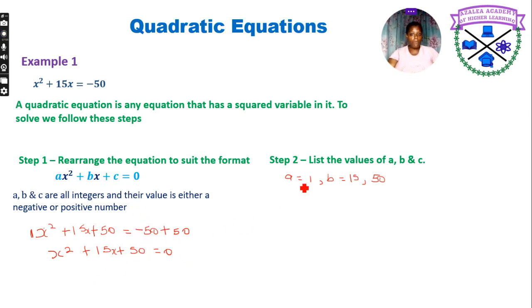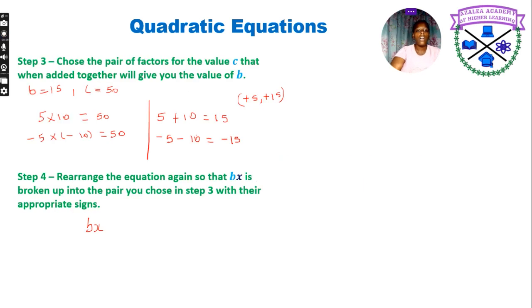Well, at this stage, if we need to, we can write x squared is the same as ax squared, 15x is the same as bx, and then positive 50 is the same as c. And you notice once we remove the x values, that's how we were able to get our values for A, B, and C, right?